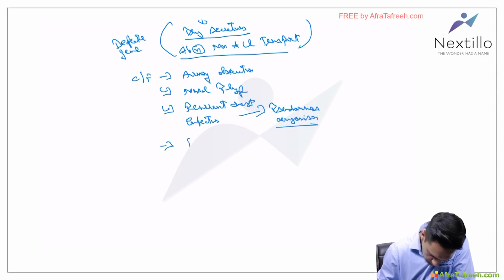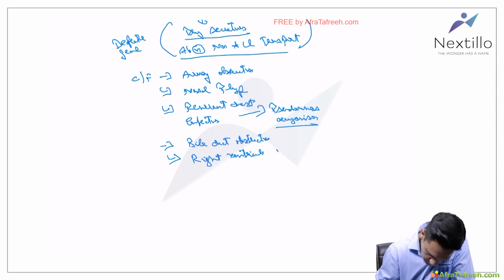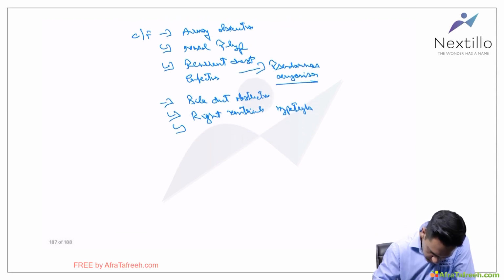There can be bile duct obstruction. In the heart, there can be right ventricular hypertrophy.